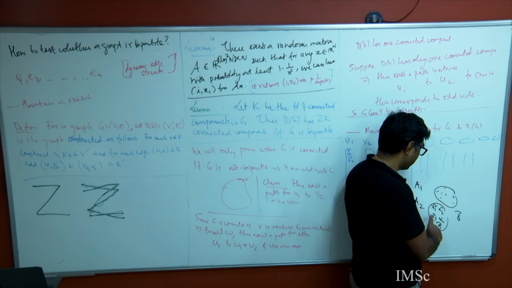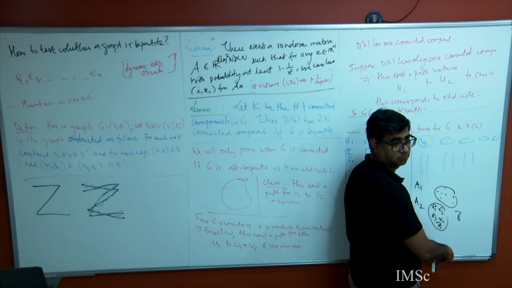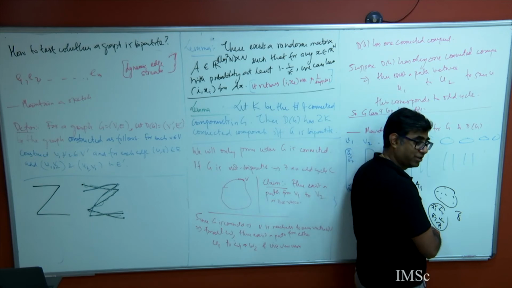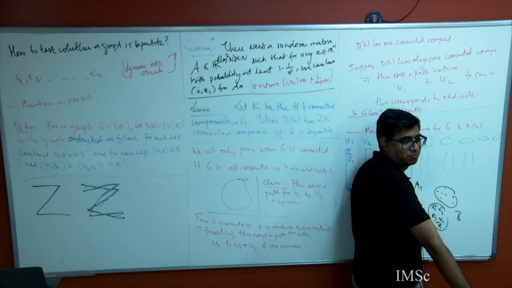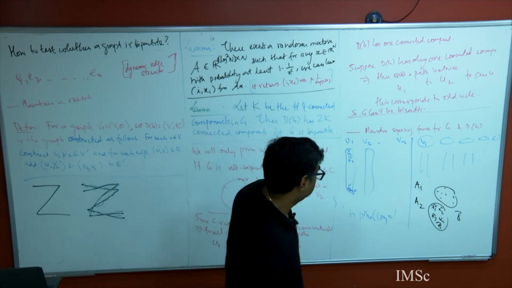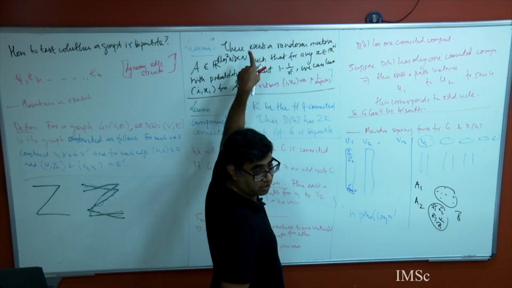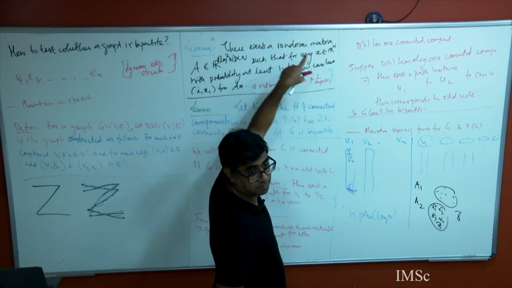So with respect to this vector, A2 is random. Because if I had used A2, I would have got some different connected component for all that I know. So it is important that if you choose a vector, then the matrix you choose is random with respect to that vector.